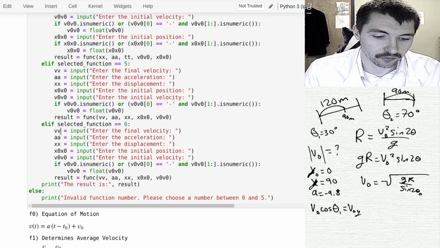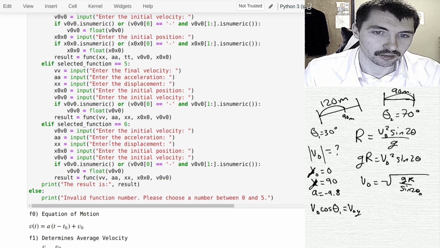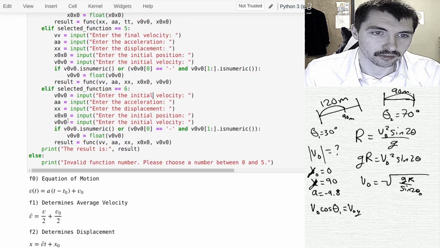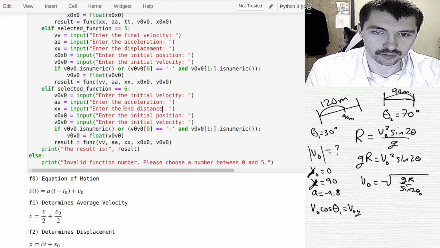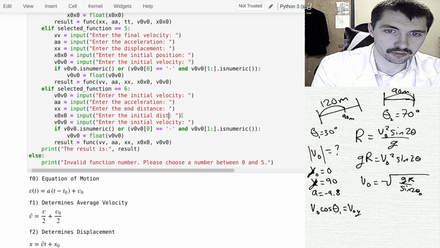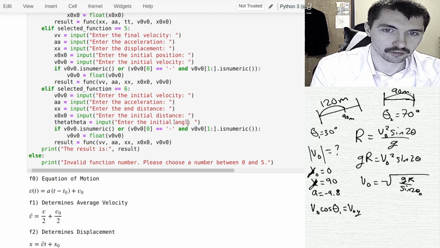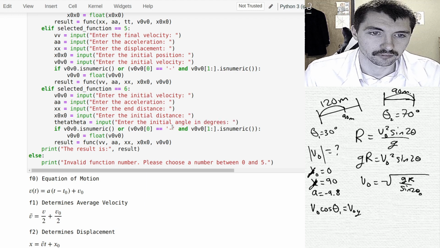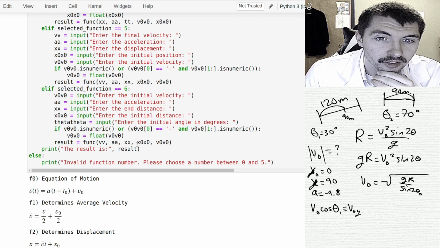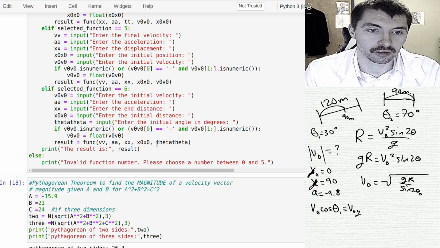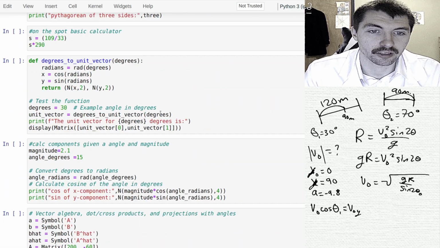If we select 6, V naught, A, X and distance, yeah, the initial, okay, and theta. Okay. Kind of a lot, not going to lie.